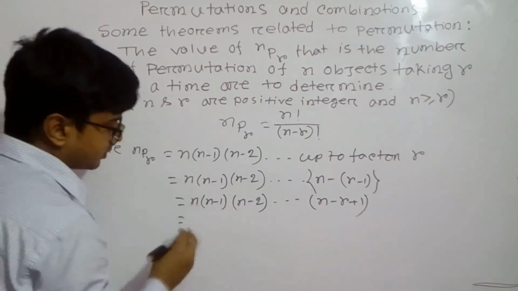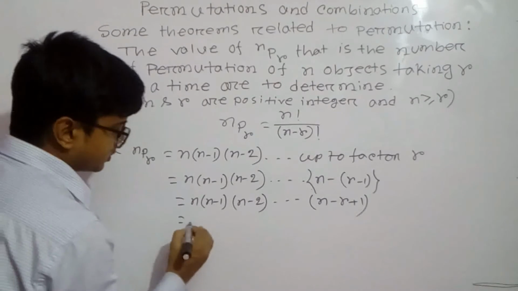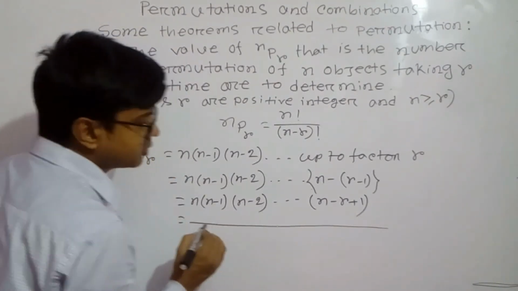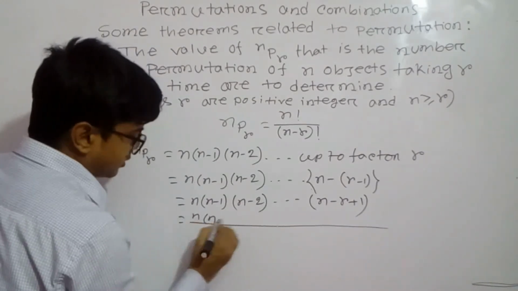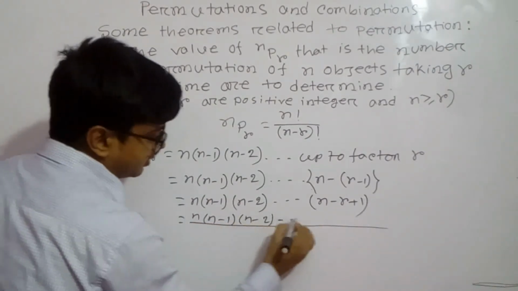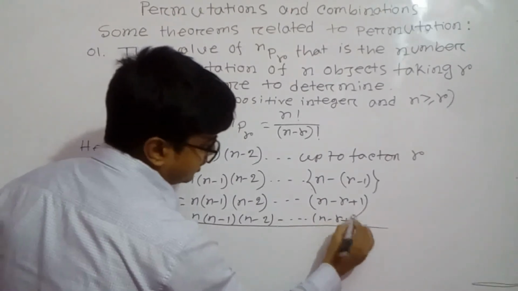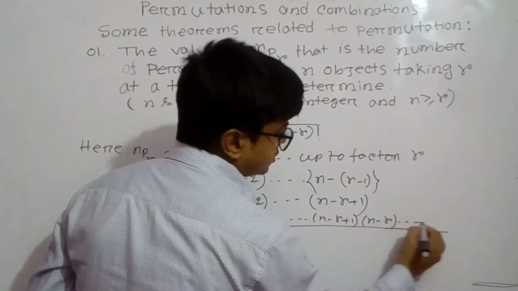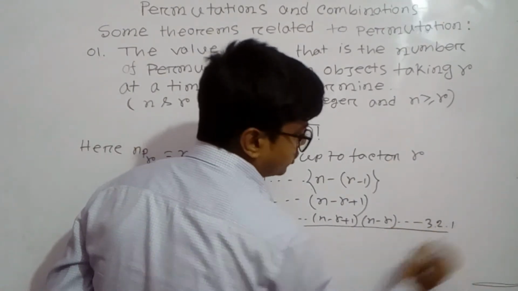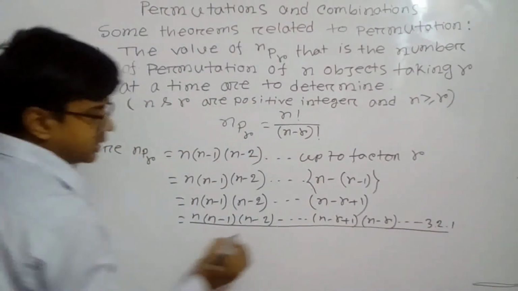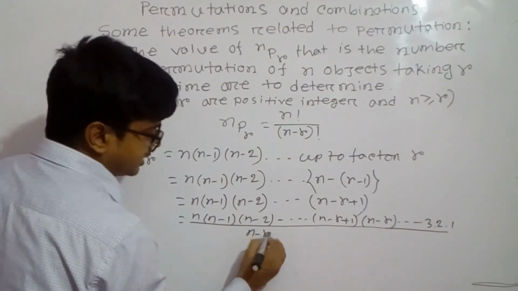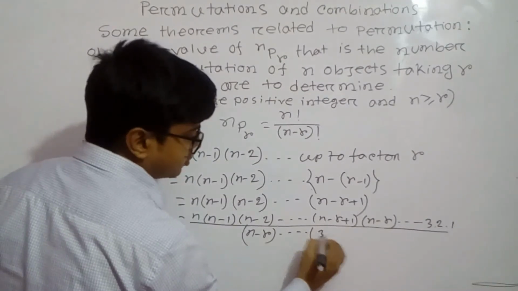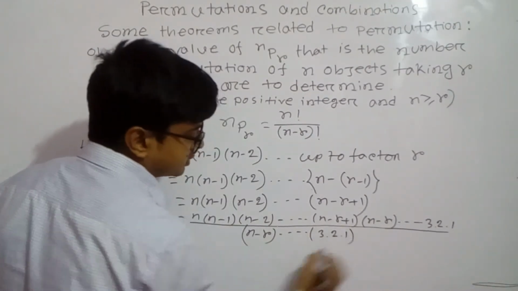Now multiply numerator and denominator by n minus r and so on, 3 into 2 into 1, and the denominator here n minus r, 3 into 1.